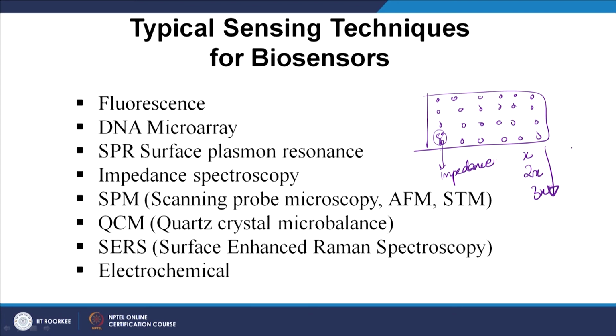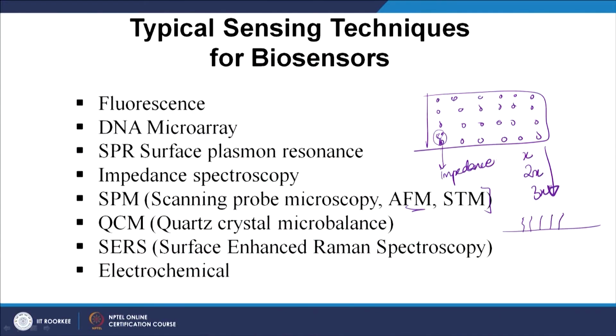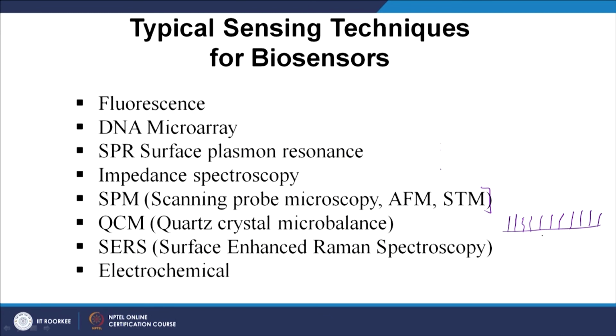Next we have scanning probe microscopy, AFM, STM. Basically, AFM for example will tell you the surface information based on the charges. For example, if you have a surface here and you have your bioreceptors here, and the analyte comes and sticks with it, it undergoes a change.